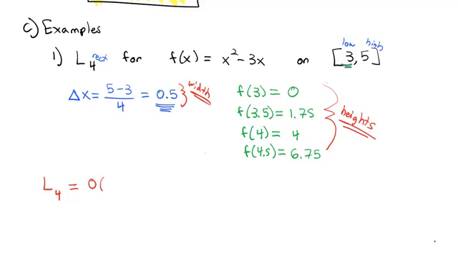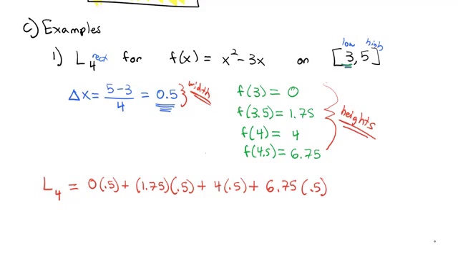The first height is 0 times a width of 0.5, plus the second height is 1.75 times the width of 0.5, plus the next height is 4 times the width of 0.5, plus the next height is 6.75 times the width of 0.5.